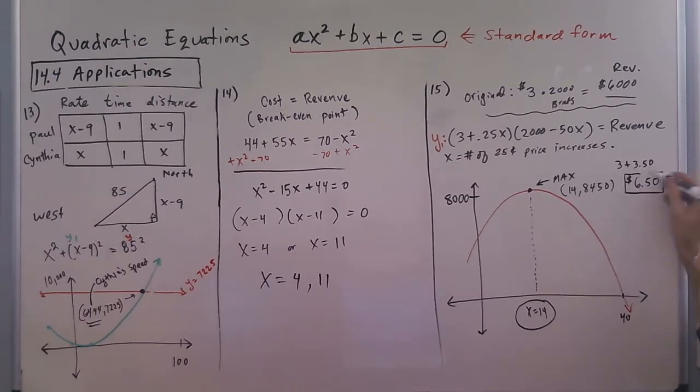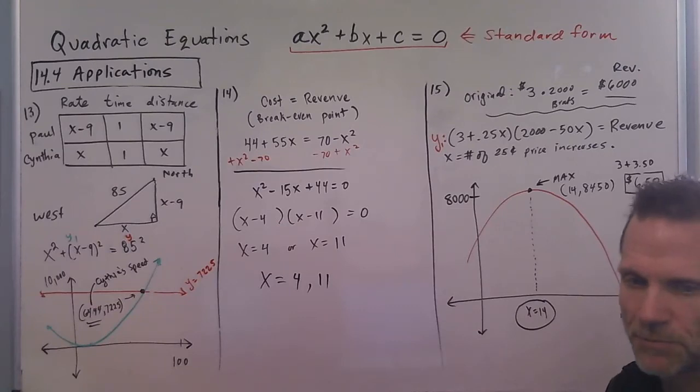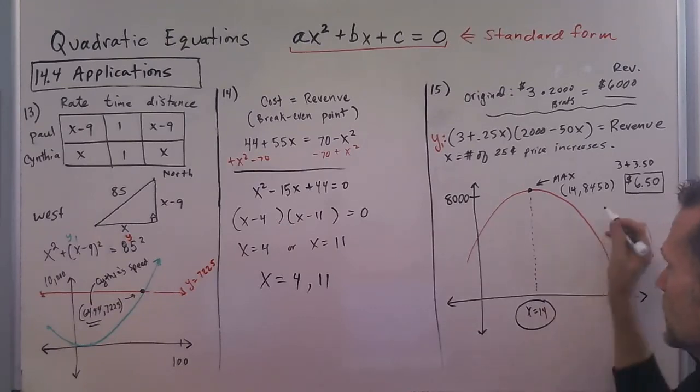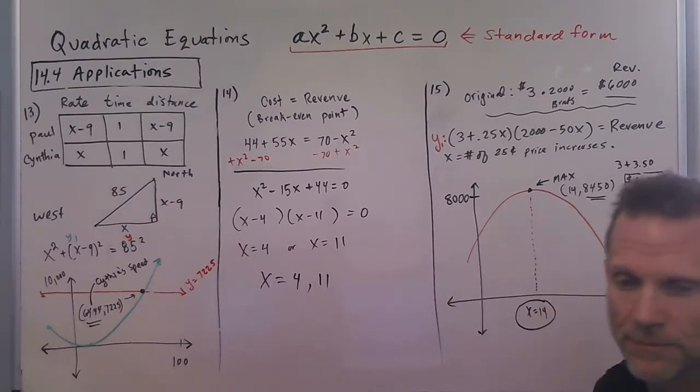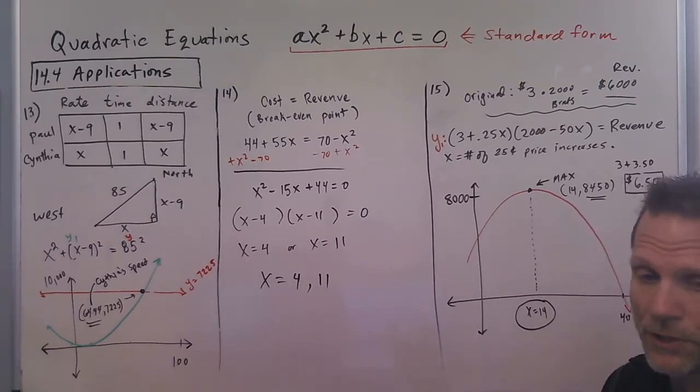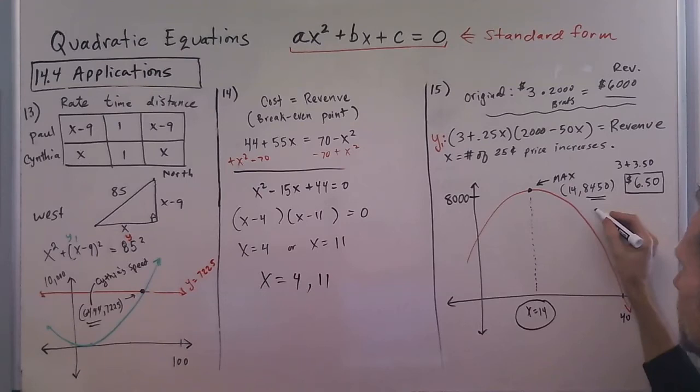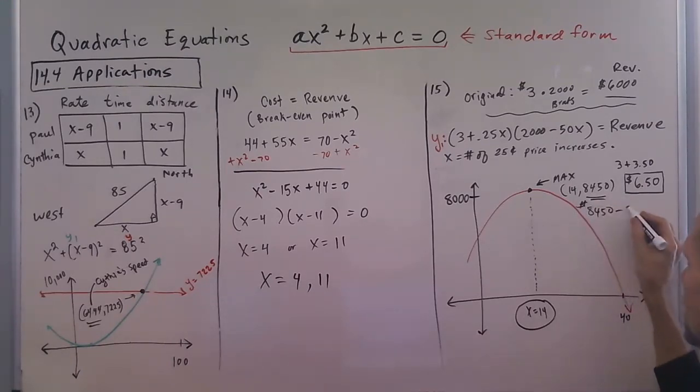If we sold our brats at $6.50, our revenue would be $8,450. Now, also in this question, it says, is revenue the same as profit? Remember, this does not represent profit. Okay, it's just the amount of money that's brought in. We'd have to take this 8,450 minus our cost to equal our profit.